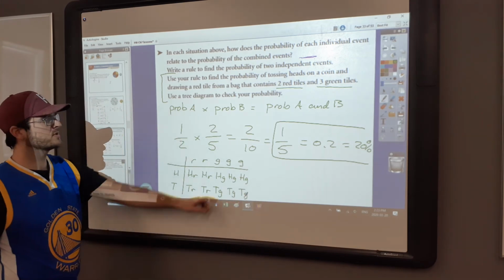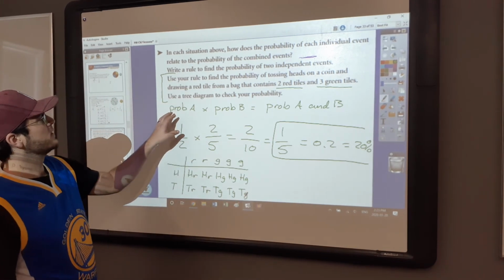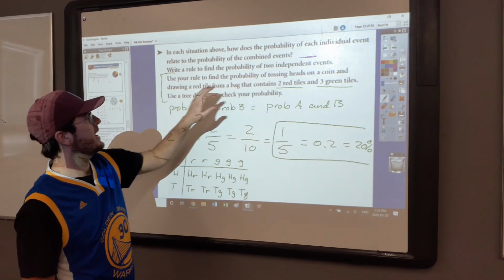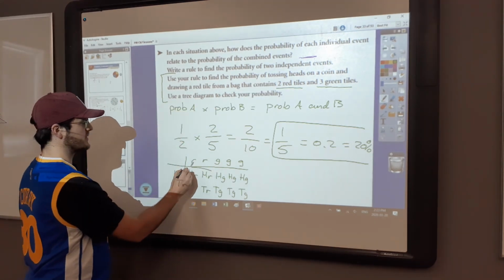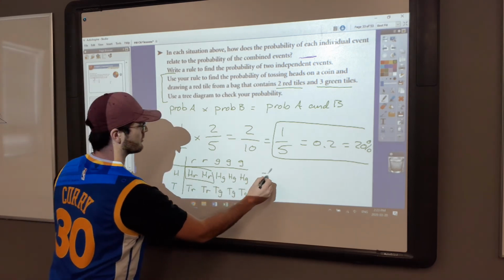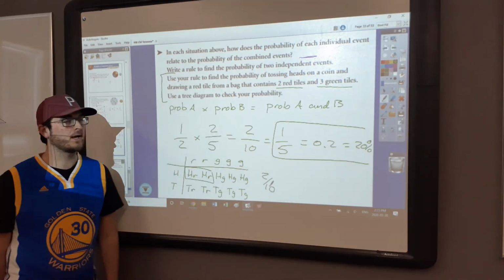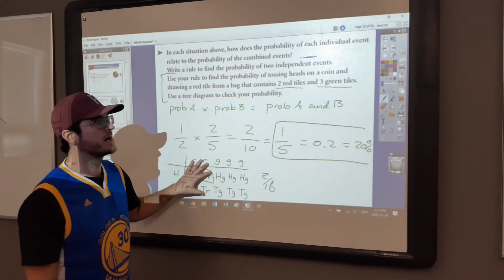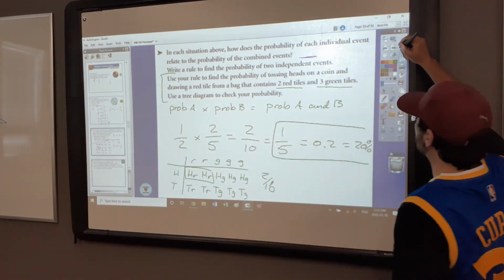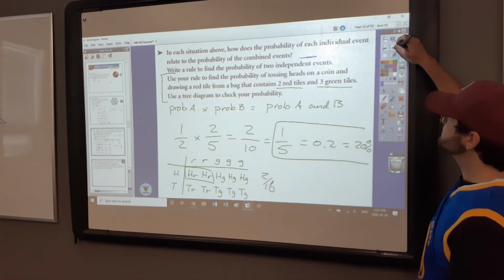So there's 10 options, right? And which ones have head and a red tile? Well, these are the ones that have head and red. In other words, 2 out of the 10. Okay, so that rule will work, and we can back it up by showing it with a tree diagram or a table.